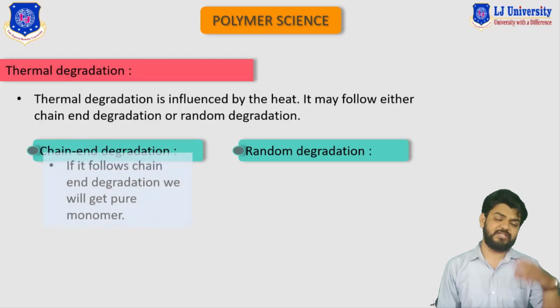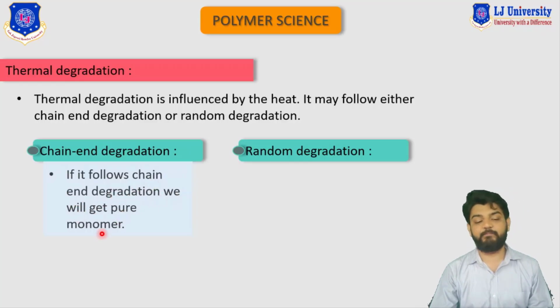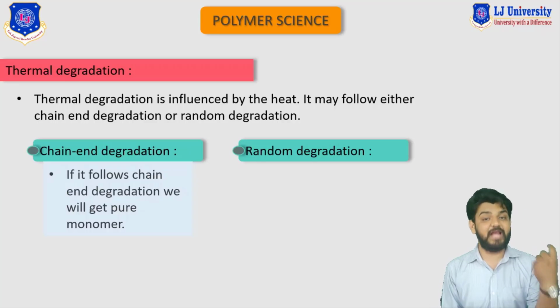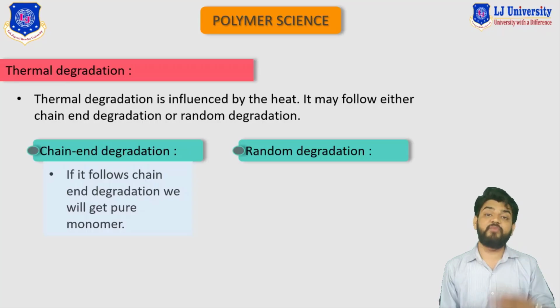So in the case of the chain degradation process, you can see that if it follows chain end degradation, we will get pure monomer. So at the application of heat, the long chain of the polymer will start to degrade from the last monomer, and it will ultimately produce a pure form of the monomer.